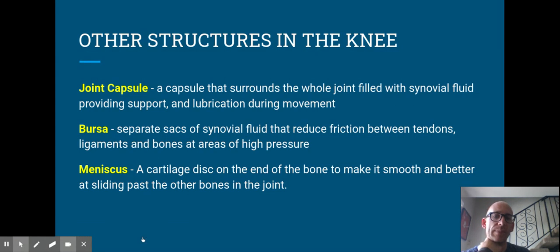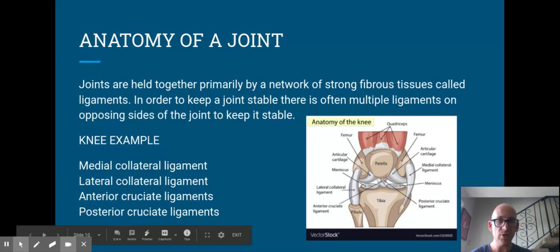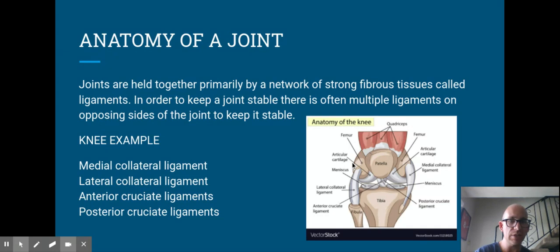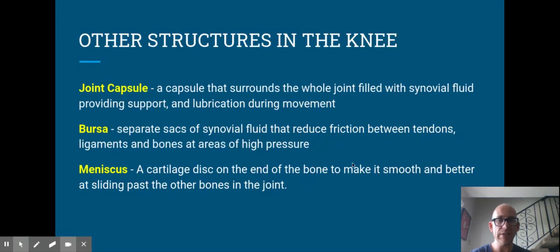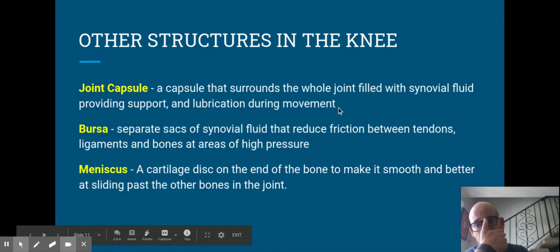The joint capsule is basically a sac that seals the joint and surrounds the whole joint. In this picture you can't see it, but there would be a sac surrounding the whole joint underneath the muscle tissue, and it basically keeps it sealed. This joint is filled with fluid.